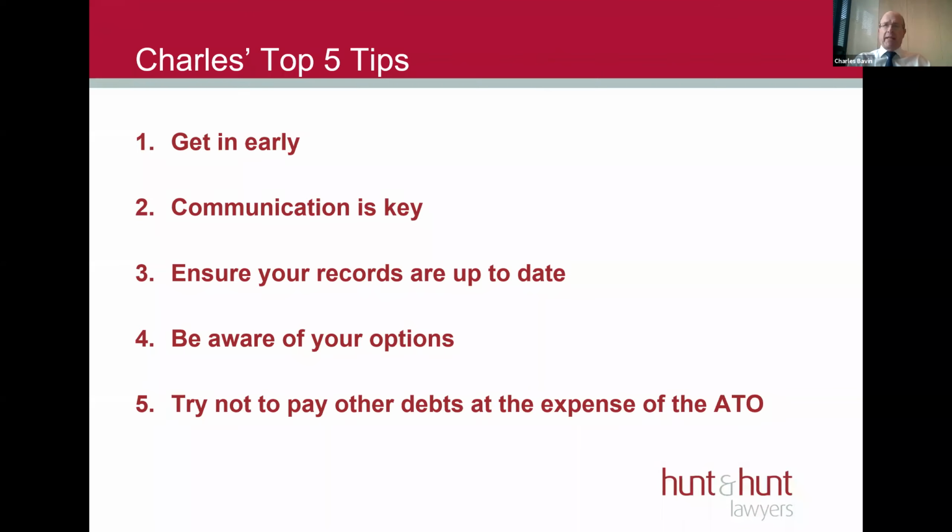And if you opt out of the system, the ATO will have no hesitation in taking you out of the system if you don't want to be a part of it, and they'll wind you up or they'll bankrupt you. So it's amazing how often we were contacted once the matter had been referred to us.